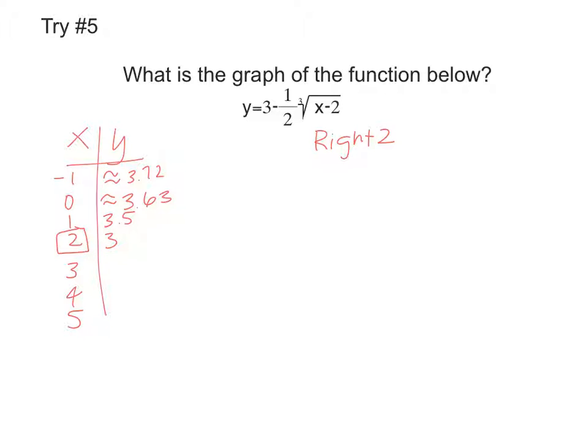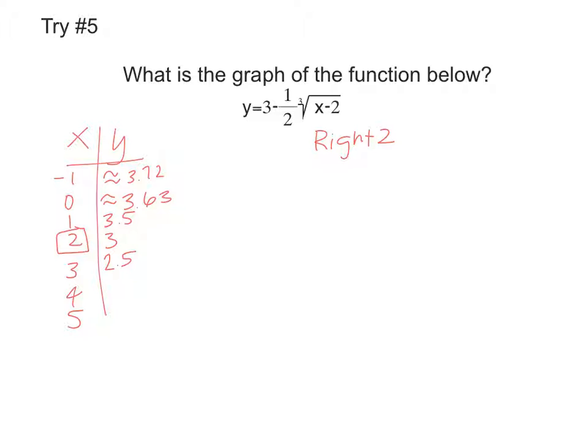3 minus 0.5 times the cube root of, if I put in 3, 3 minus 2 is 1. That one's going to give you exactly 2.5. And it looks like the other two are going to be decimals.